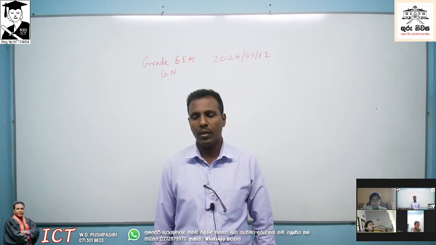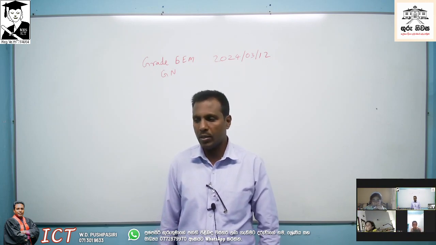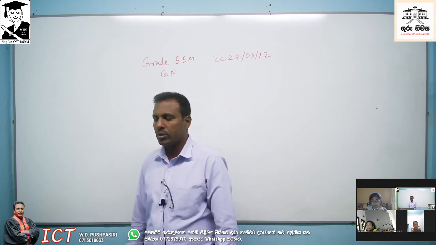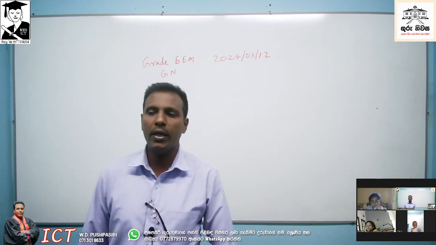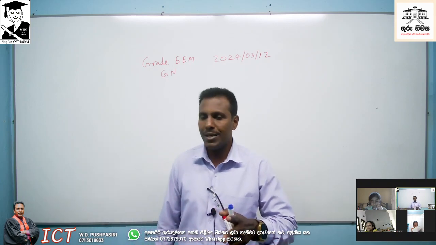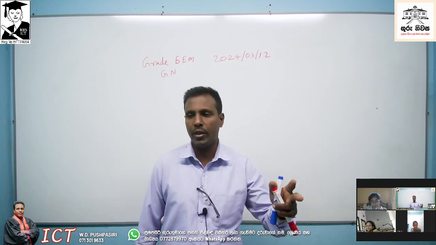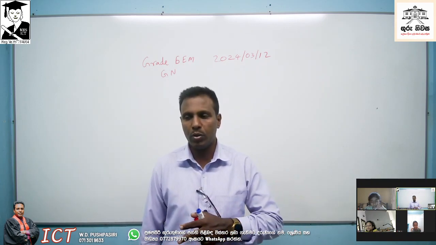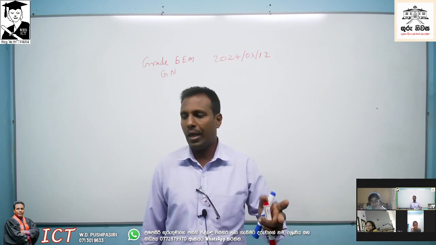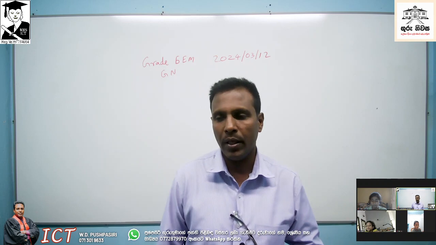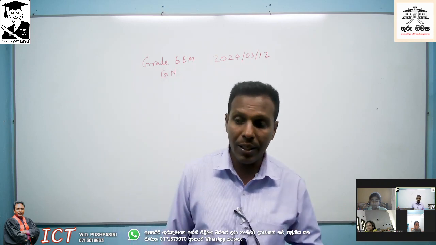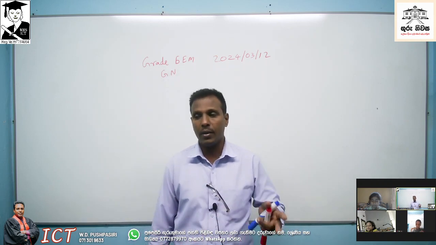Yes, sir. So today we have to do 2.2.4, that is called dispose of the electronic waste safely. What do you mean by dispose? Dispose means to destroy. And electronic waste means all the electronic devices which are not working.